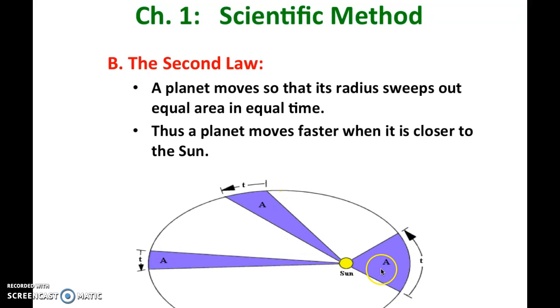The A means area, the T means time. This implies that a planet moves faster if closer to the Sun, slower if further from the Sun.